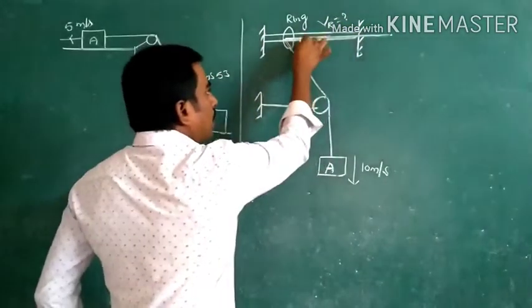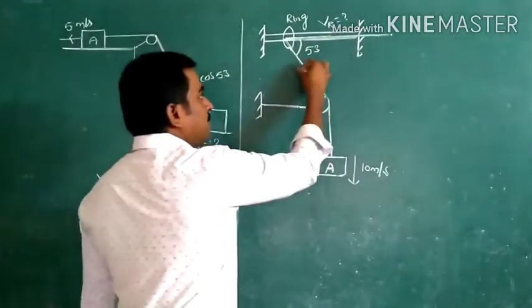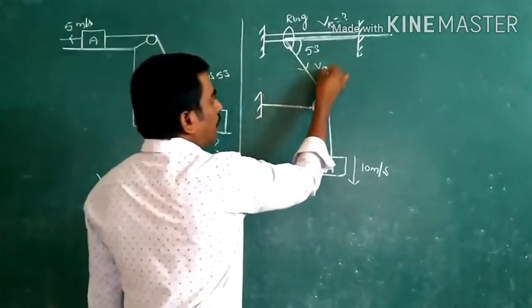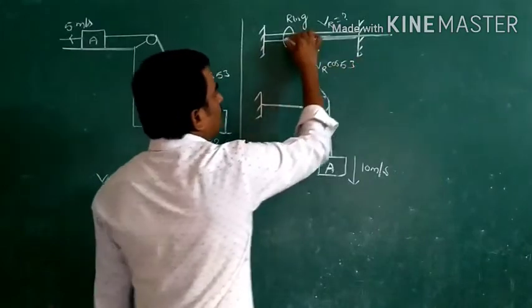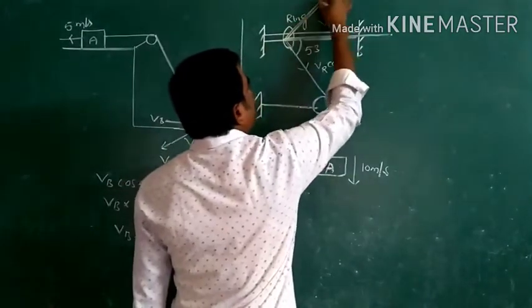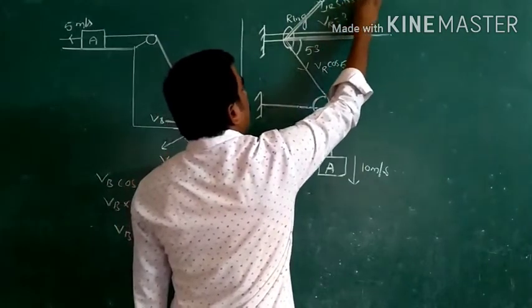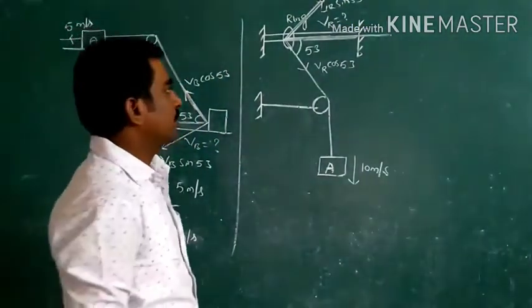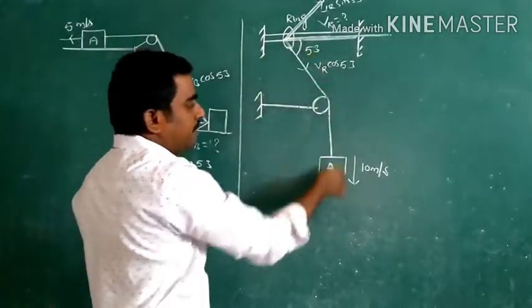This velocity VR can be resolved into two components. One component is along the thread or string, that is VR cos 53. There is one more rectangular component, VR sin 53. We know that the components along the line joining are equal.